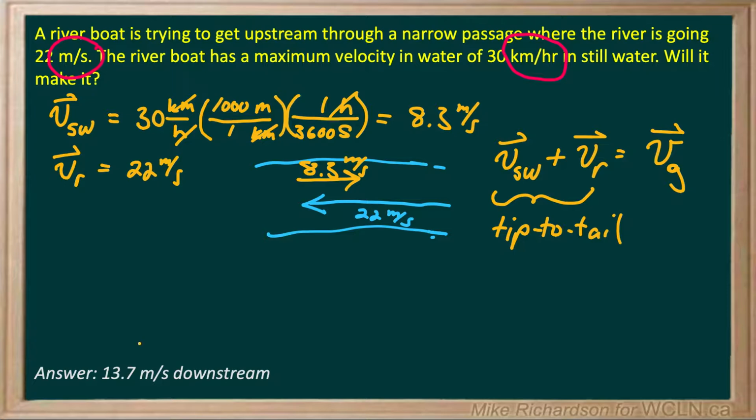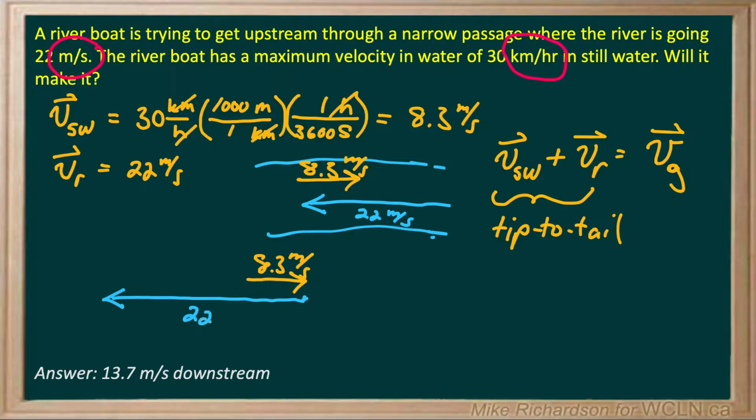Let's see how it looks. I've got 8.3, a fairly small vector to the right. And then at the tip of the 8.3, I'm going to start the tail of my 22 meters per second. So right here is the tail of my 22, and we know it's quite long, and it's pointed to the left.